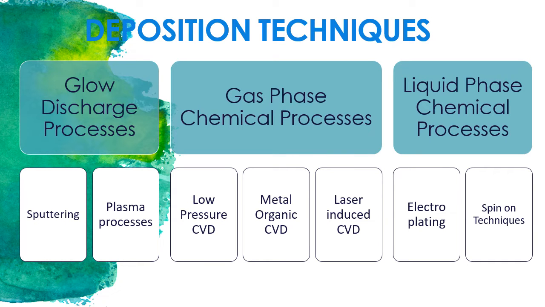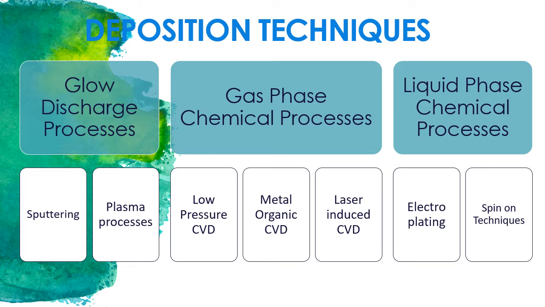Deposition techniques can be classified into four categories or processes. So it depends on how the ions or the material are being deposited on the substrate. One is the glow discharge process. Under it there are sputtering and plasma processes. For gas phase chemical processes, we have low pressure CVD, metal organic CVD, and laser induced CVD.